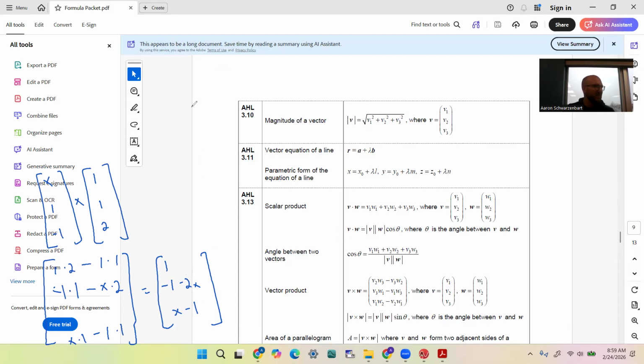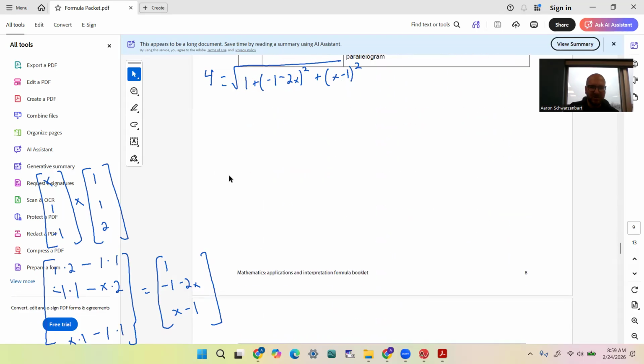Okay, and it told me the area was 4. So I know 4 is equal to the magnitude of this. Which means I have to square these things, which is going to be slightly annoying, but to solve, I'm now going to go to a place where I've got some blank room.